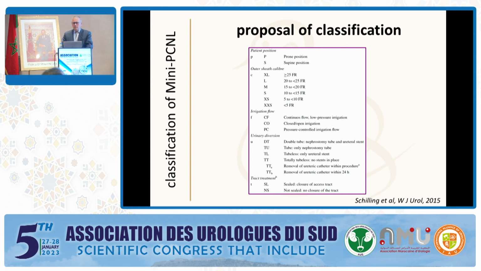Unfortunately, this proposal of classification was not accepted from all the other urologists. I also think that this classification is not suitable because you cannot clearly see what they really used, and maybe this is the main reason why this classification was not accepted by all the other urologists.